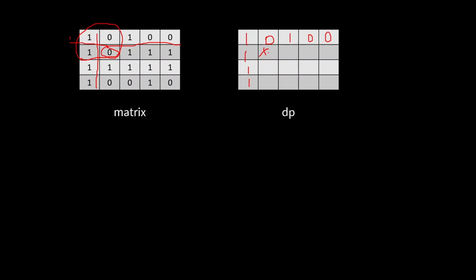In this way we would like to fill up all these values, and we'll simply take the maximum value. The maximum value will be the length of a side of the largest square. Suppose in this cell, how are we going to find the length of this square? This cell will represent simply the length of this square, and the value will be in the corresponding cell of the dp matrix.